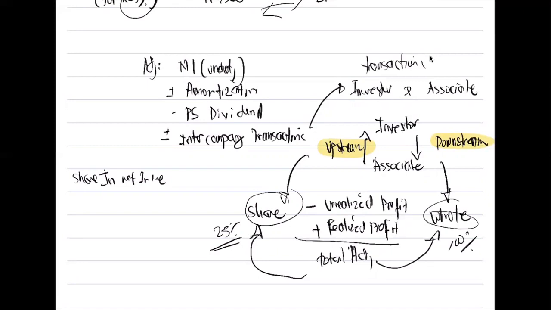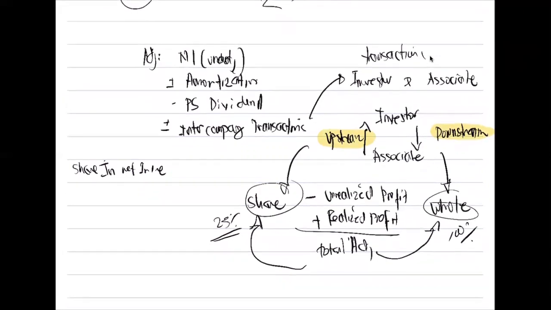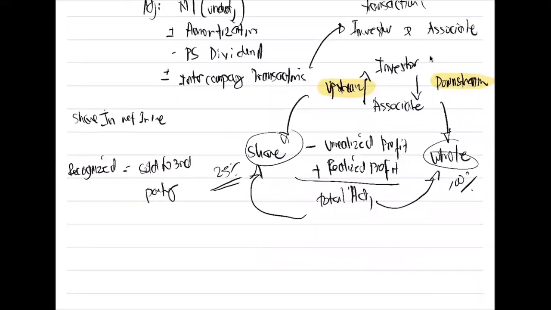Okay, so sir, what's this unrealized profit or realized profit? Take note, guys, that you can only recognize transactions if it is already sold to a third party. So here we have your investor going to your associate. If your associate sells it to a third party, then you can recognize it.